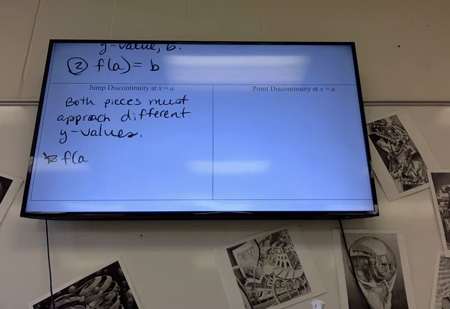F of a may or may not be defined. So this is the one where they're going to approach totally different numbers. And it doesn't matter if it actually has a dot somewhere or if they're both open circles. There's still going to be a jump discontinuity.